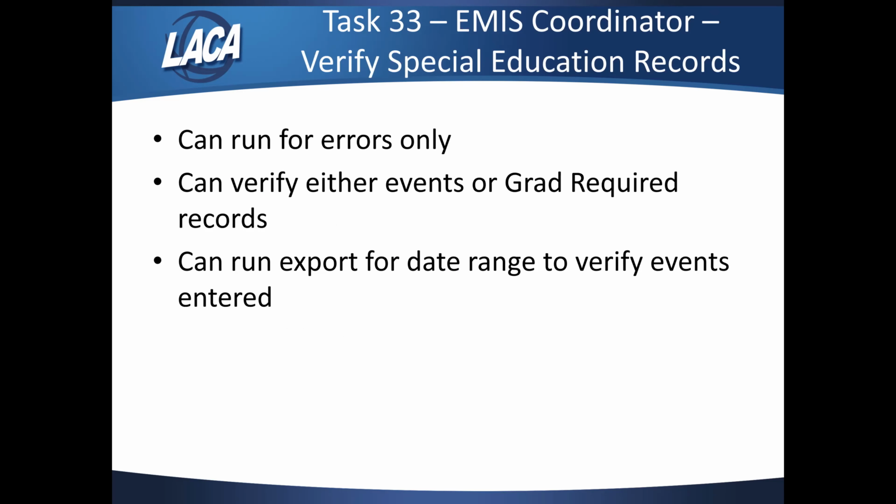You can run the verify special education. You can run it for errors only. The one disclaimer on the errors only, it is only looking to see if a student with a disability has an event. It's not looking to see if they have the valid events. It's only looking to see if there is an event.